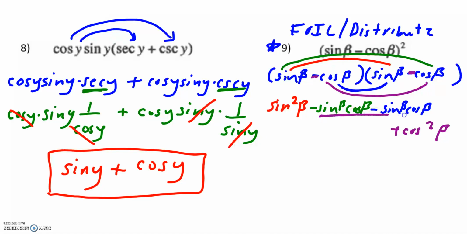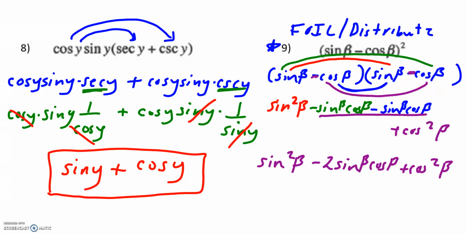These two middle terms do not cross out because we have a negative something combined with another negative something. So there are two of these negative somethings. So you really have sine squared beta minus 2 sine beta cosine beta, because there's two of them, plus cosine squared beta.